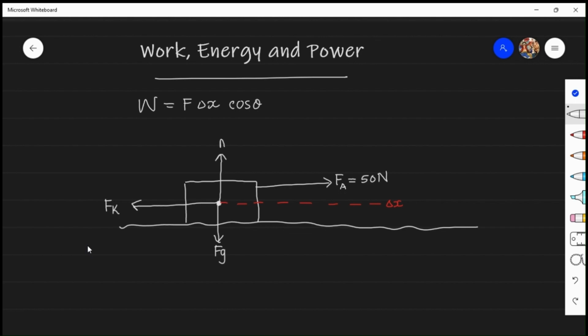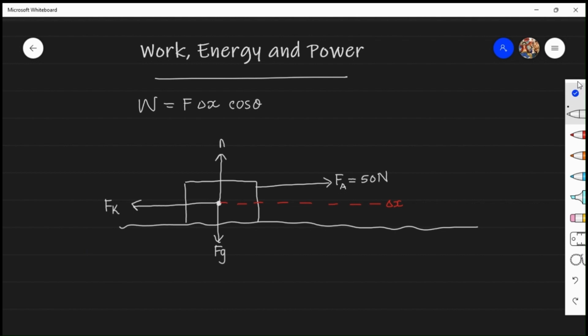Let's start by calculating the work done by each individual force, and then we can have a look at how we will calculate the net work done. The net work done is the work done by all the forces, or you can think of it as the resultant work or the total work done on this object.